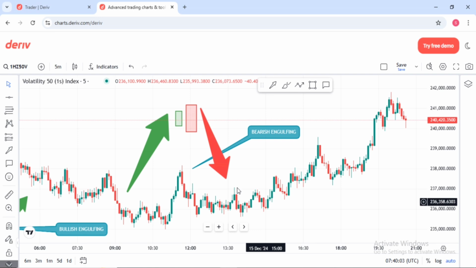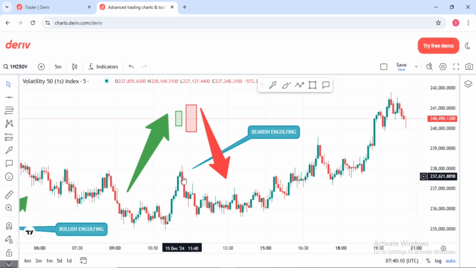So look at this. There is a clear uptrend, and then this one is formed, a green one followed by a red one. Then immediately this red one closes, and you realize that it has engulfed the green one, meaning that this is a bearish engulfing. You enter a trend for a fall.